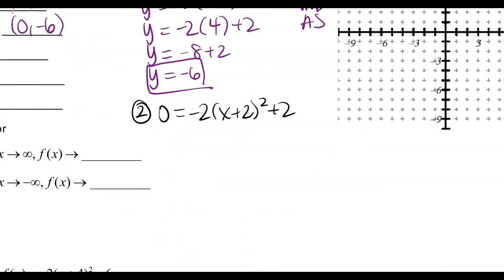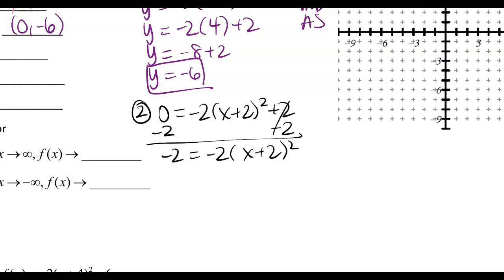What's the first thing I need to do to isolate? Which 2? There's 3 of them. Oh, the +2. The +2 at the very end, that's what I'm going to move. Now what? Divided by -2. And I'm going to slow down just a bit because I know some people need some time to write.